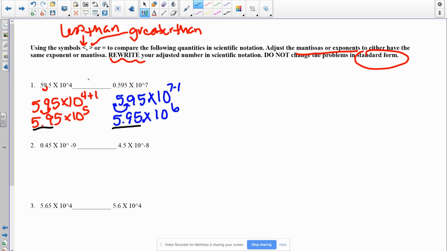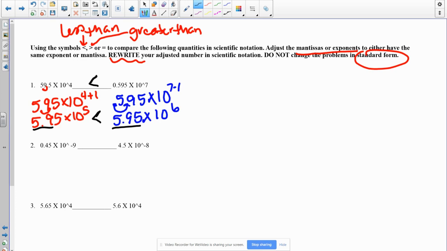So in other words, when I read this, 5.95 times 10 to the 5th is less than 5.95 times 10 to the 6th. So I'm going to put the less than symbol, since this amount on this side is less than.